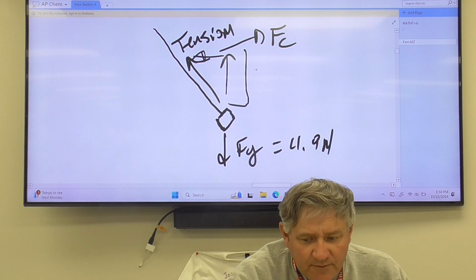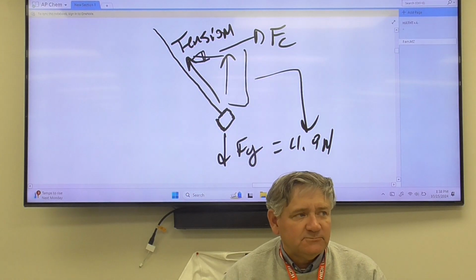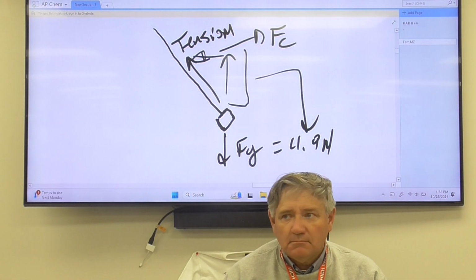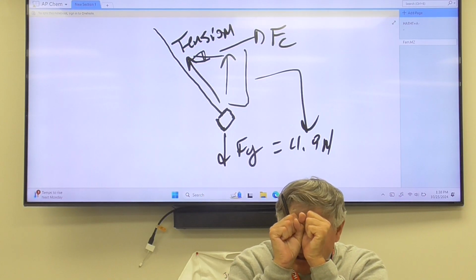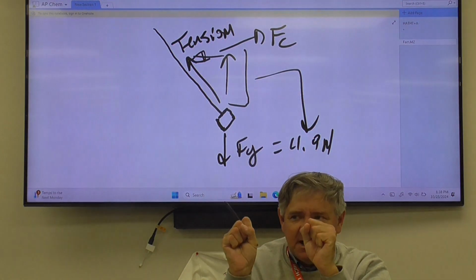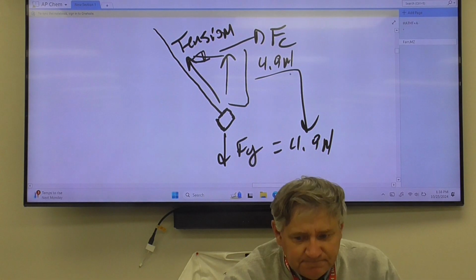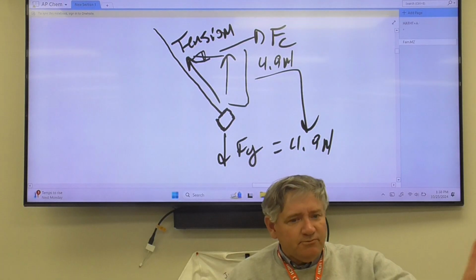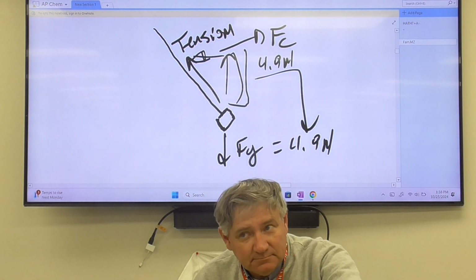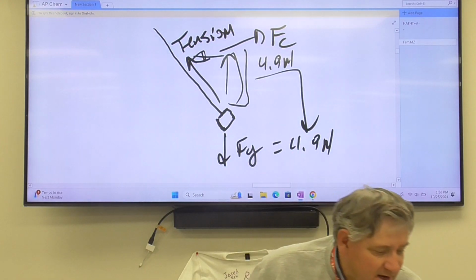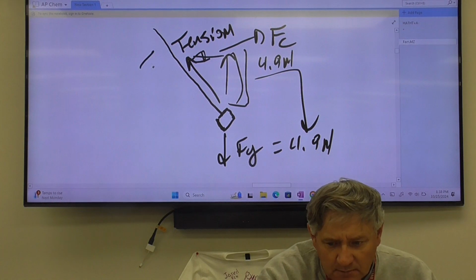What's the value of this going to be relative to 4.9 newtons? Do not make this difficult. Approximately the same. If it is not the same, then it is changing. So that's going to be 4.9 newtons. So the only number that you know is this. But you're clever, because you're also told that the string is 1 meter long.